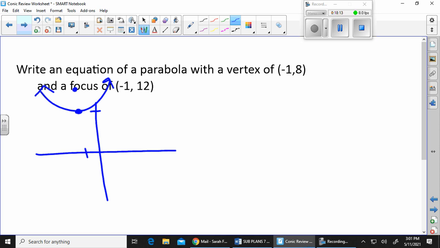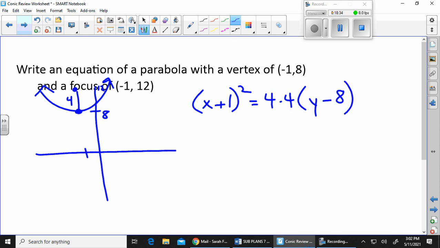So x is going to be squared, x plus 1. You do know if this is 8 and this is 12, you went up 4 spaces. So you think 4 times 4, y minus 8. And you really should make that 16. I mean, I wouldn't count it wrong, but you can do that.